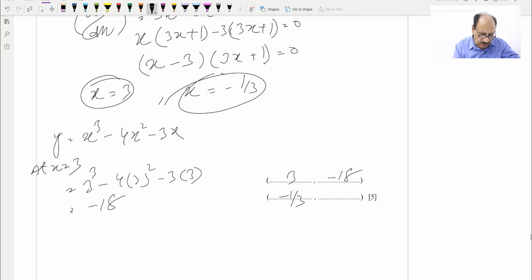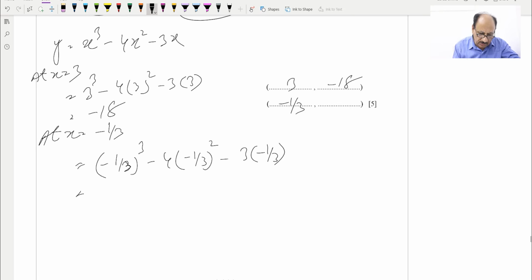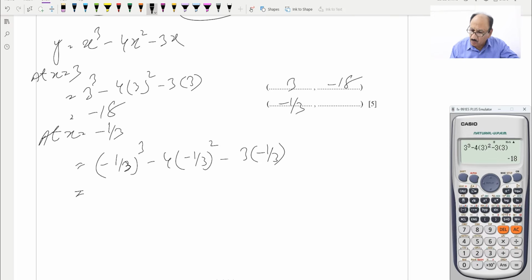And for the second one, at x = −1/3, we replace: (−1/3)³ − 4(−1/3)² − 3(−1/3). This one we can also calculate. This is the working which we have to show. It is a 5 mark question, so it's better to show working so that you will get the full marks.